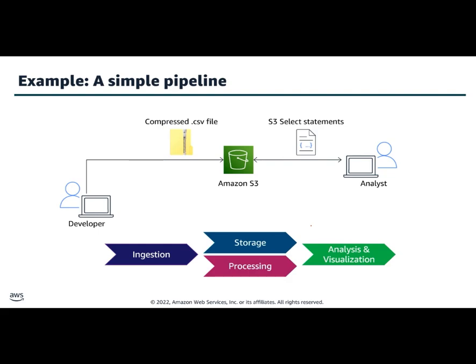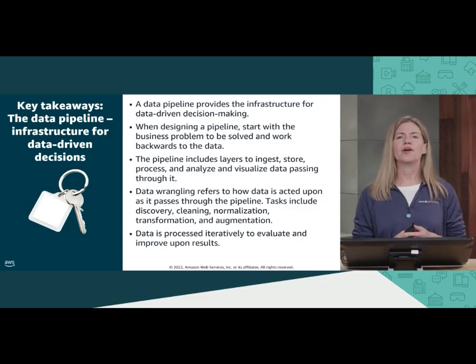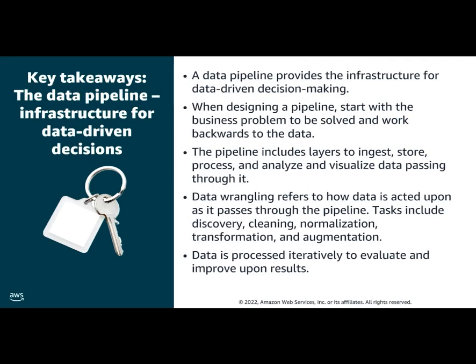Here are a few key points to summarize this section. The data pipeline provides the infrastructure for data-driven decision and includes layers to ingest, store, process, and analyze and visualize data.